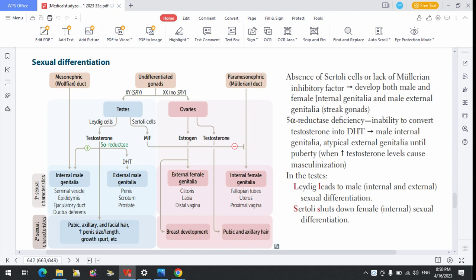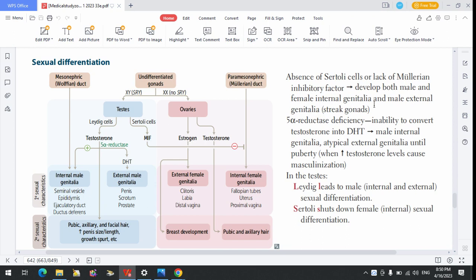That person will not be able to secrete the Mullerian inhibitory factor. And of course, you remember that the mesonephric duct develops in the male due to Leydig stimulation, and the paramesonephric degenerates due to the release of MIF. So if there's no MIF to inhibit the paramesonephric duct, both paramesonephric and mesonephric will develop. That means the male will develop both male and female internal genitalia.